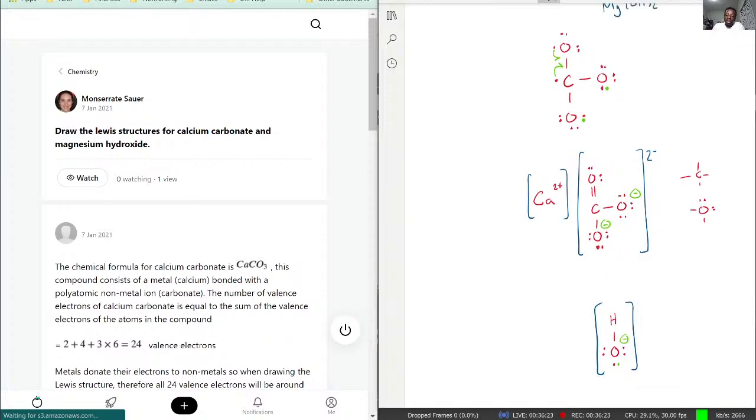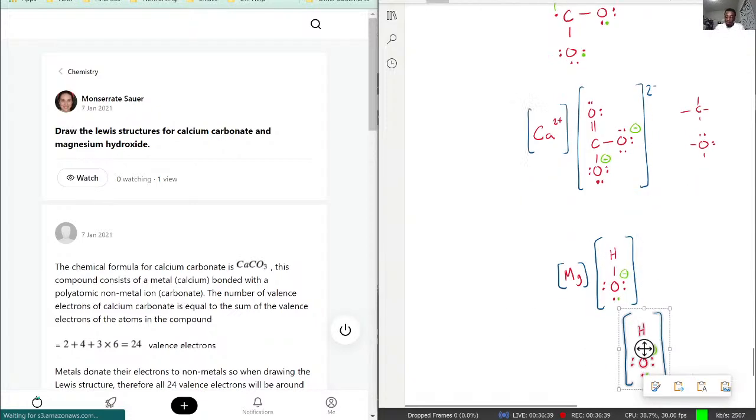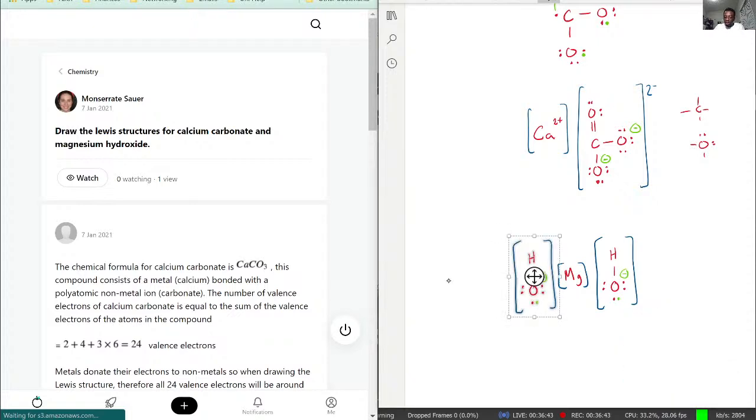But magnesium, which we're working with in the middle, needs 2 of these. So 1 there and 1 on the other side, something like this. Sorry, I forgot to add the 2 plus for the magnesium, so your Mg2 plus.